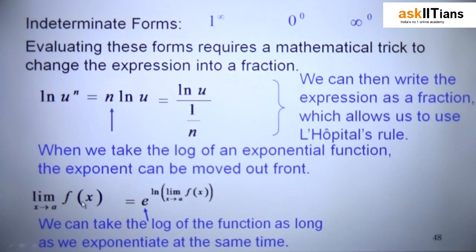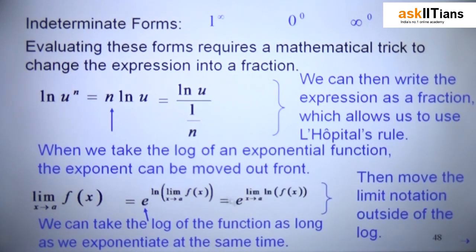Suppose you have a function f(x) when x tends to a. If this function is of the indeterminate form infinity to the power 0 or 1 to the power infinity, where you don't have any method to find the value of the limit, what we'll do is raise this function as e to the power ln, as we know that e can be taken out over here and this will be 1, and after a bit of modification I'll be left with this function.